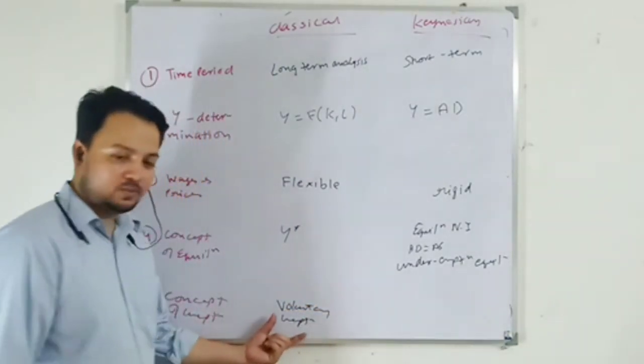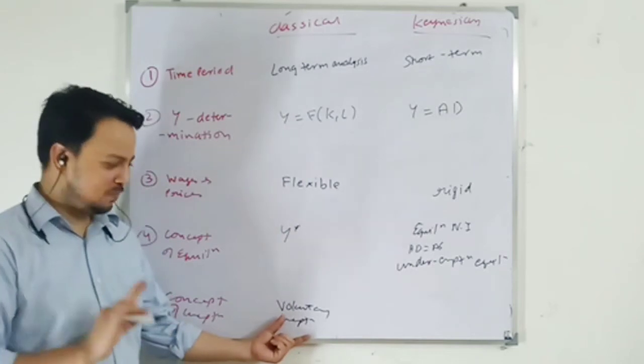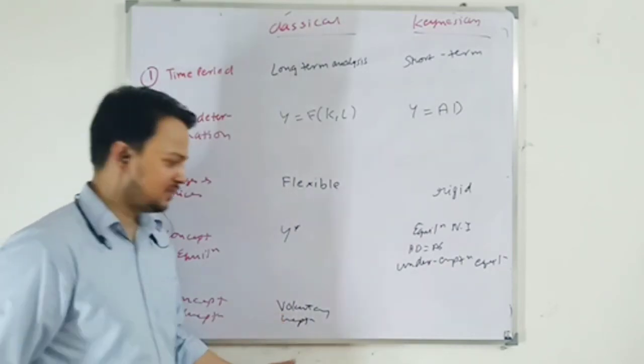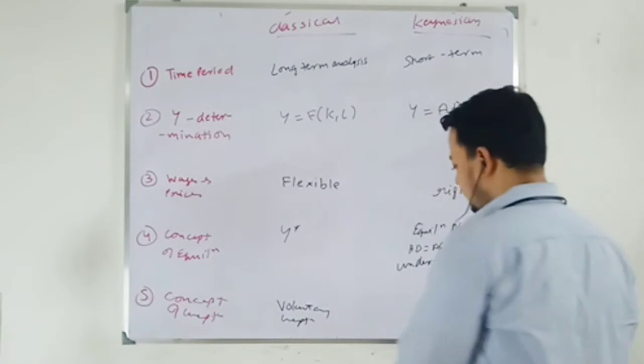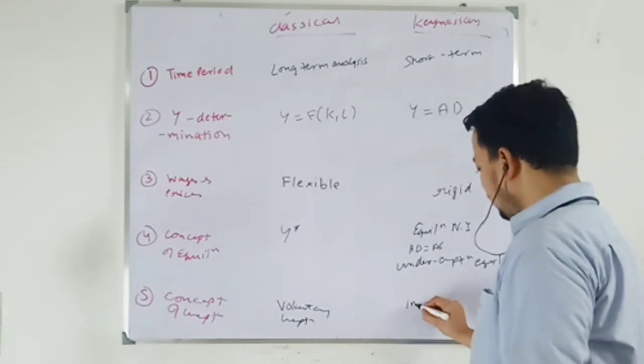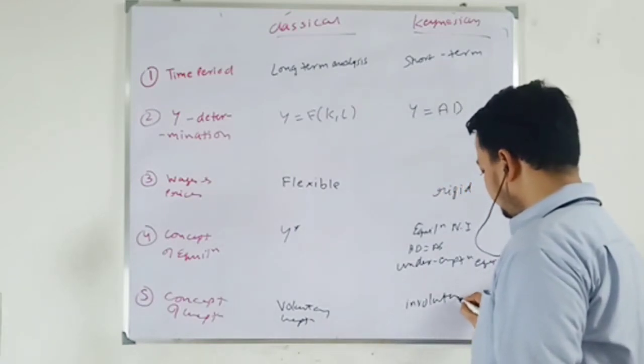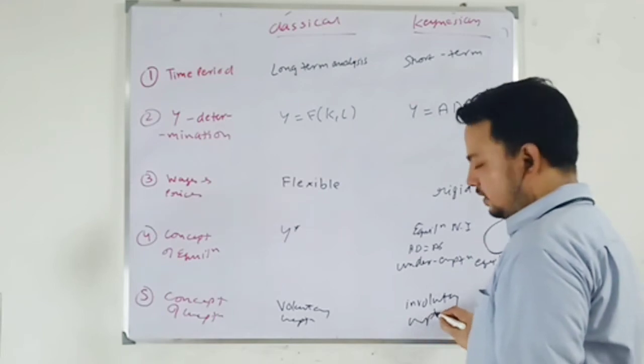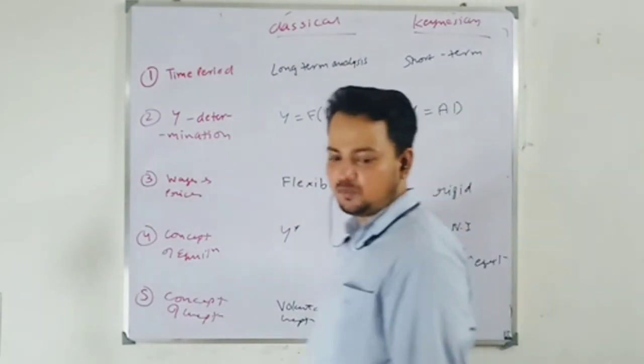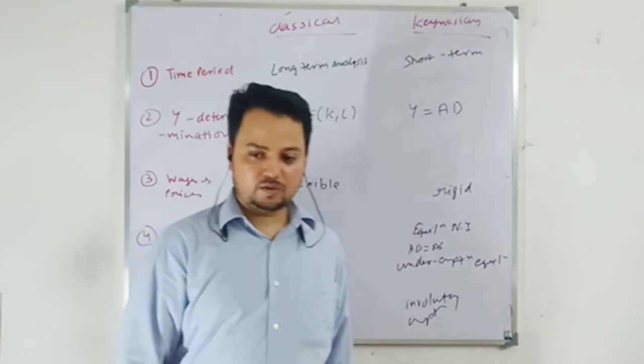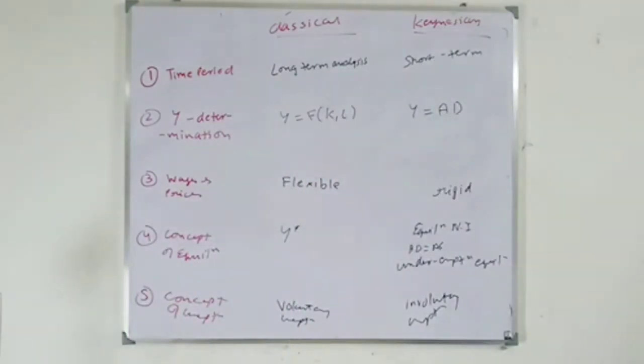You have to explain, okay? You have to properly write the answer if they ask in 10 marks, okay? In the case of Keynesian, you will have involuntary unemployment. And you know the definition. At the going wage rate, people are willing to work, but they are not getting work. Okay? Done?